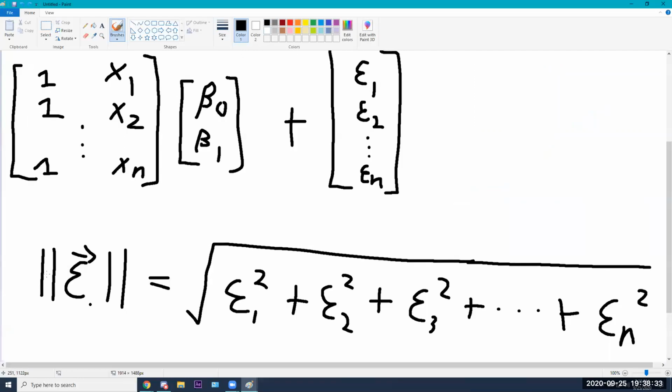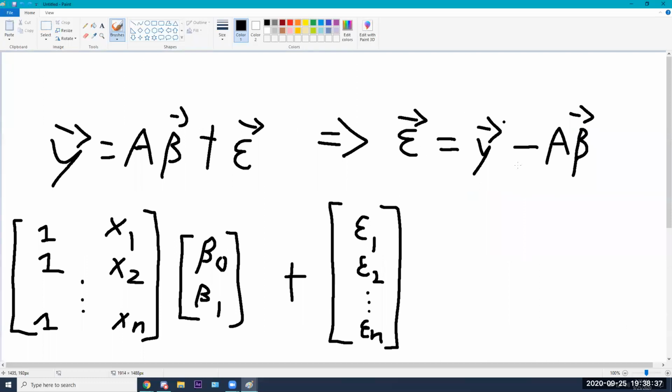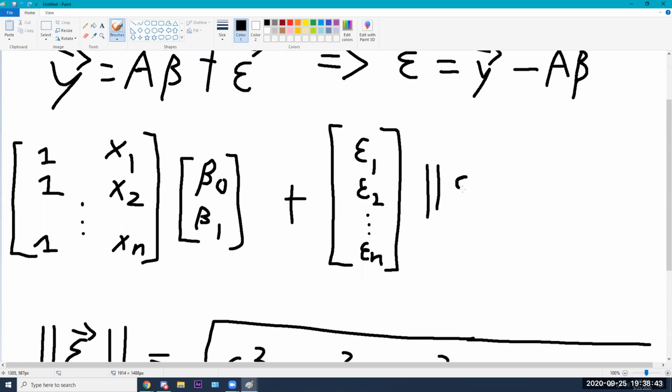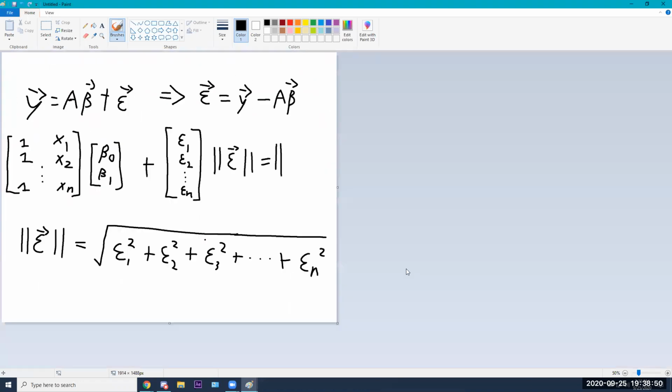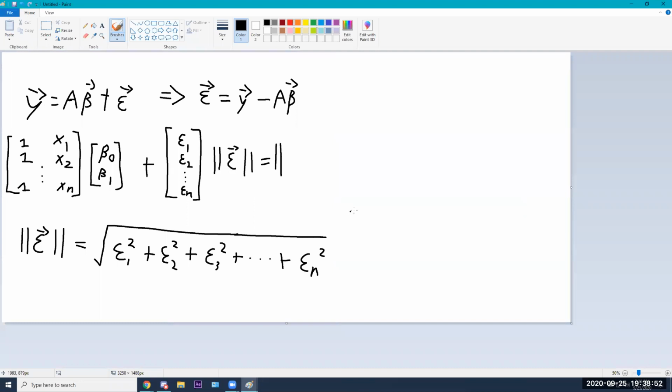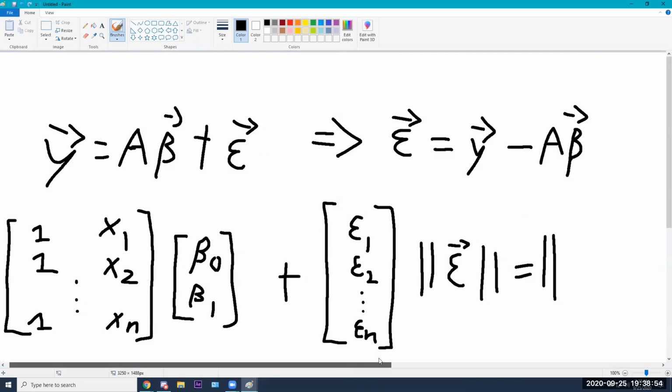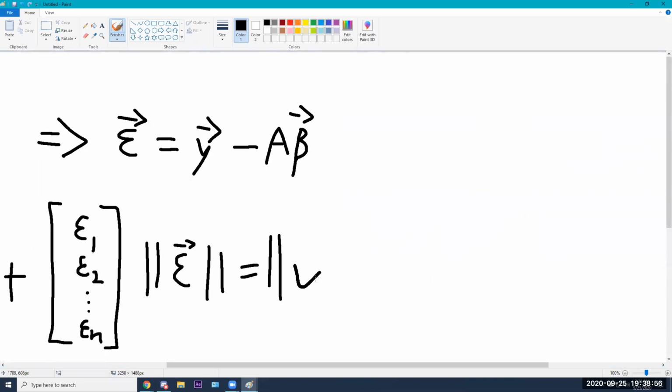And so what we can do here is do the norm operation on both sides of this vector. So the norm of the error vector is equal to the norm of the y vector minus the prediction.